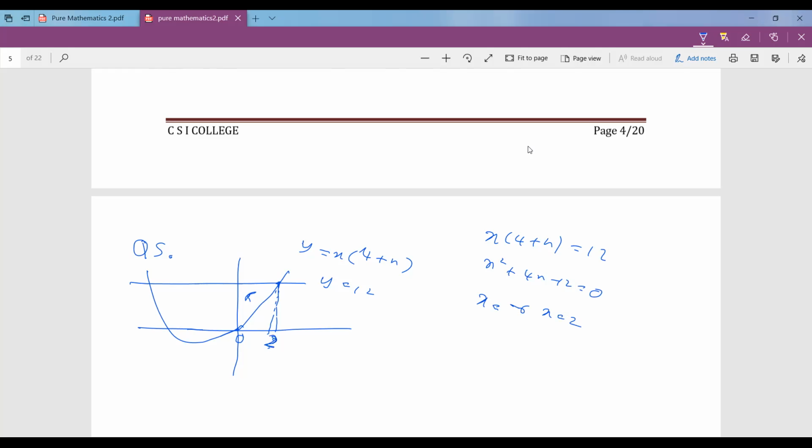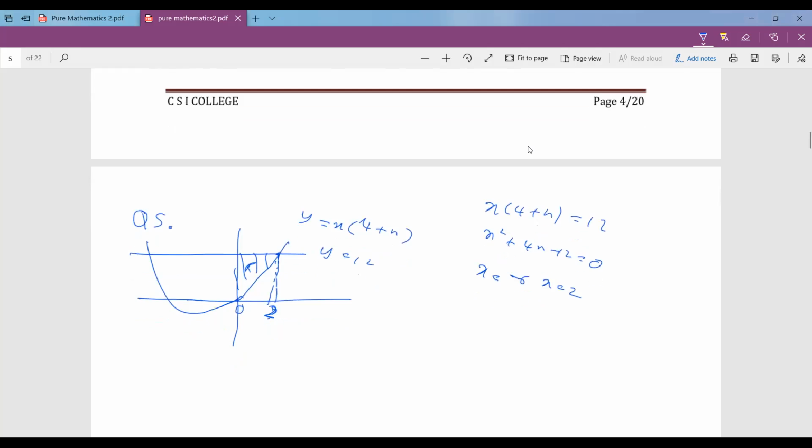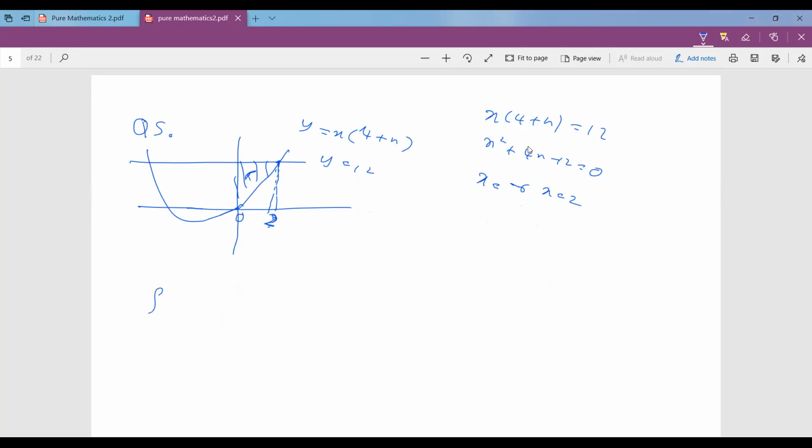Plus 2. Then if you need to find the region R, what you need to do is, initially I will integrate the curve from 0 to 2, 4x minus x squared. So that is 4x squared over 2 minus x cubed over 3 from 2 to 0.